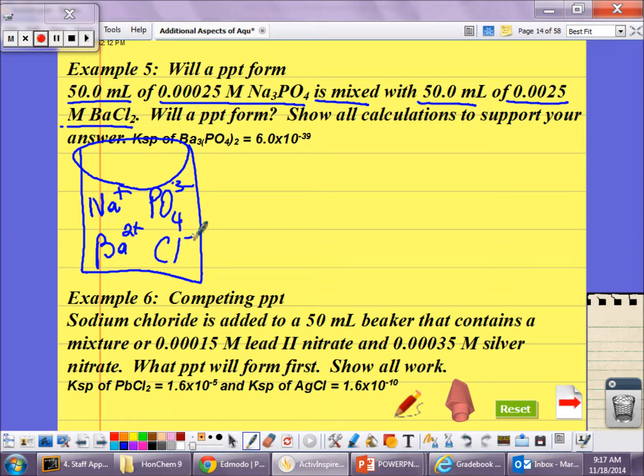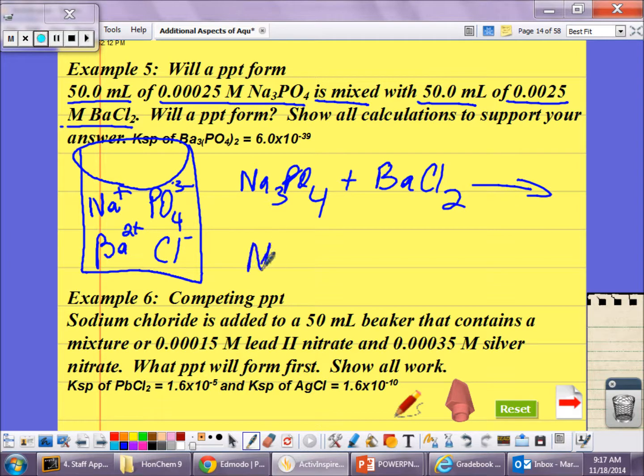But if we write an equation to find our net ionic equation, we have sodium phosphate, Na3PO4, plus barium chloride, both aqueous, yield... this is a double displacement reaction.